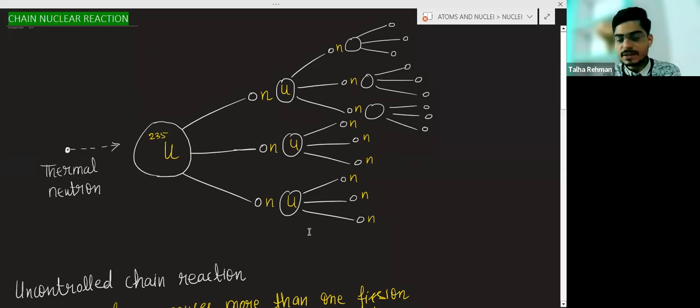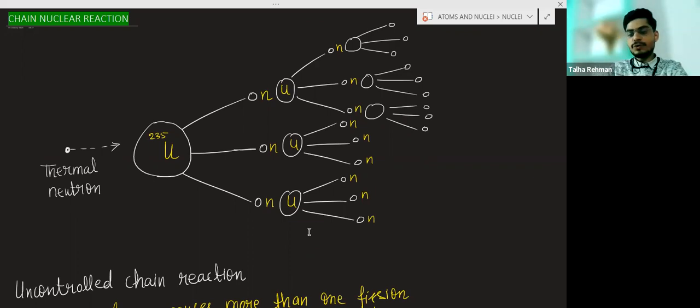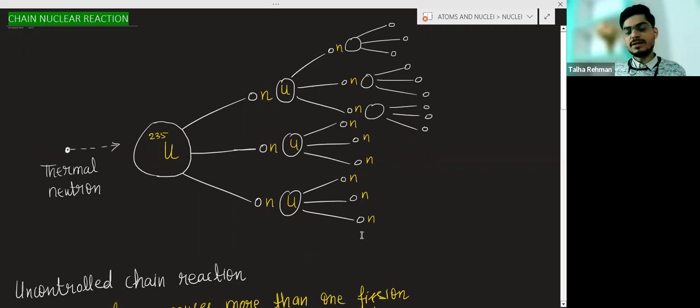And what will happen in this case? We know that during the fission of one nucleus of uranium-235, 216 mega electron volt energy is released. So a large amount of energy will be released during the fission of uranium. So in case of the uncontrolled chain reaction, the energy liberated rate will be very large.